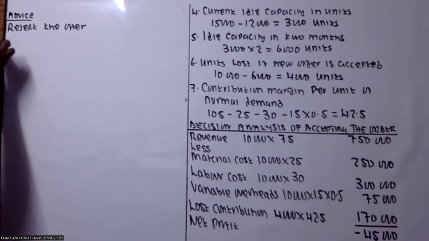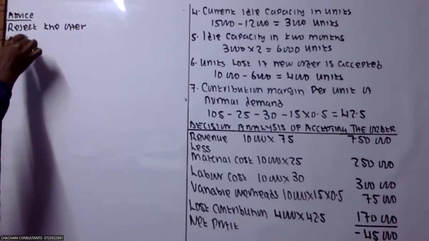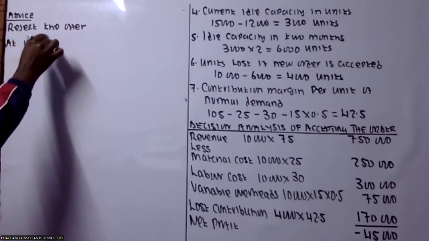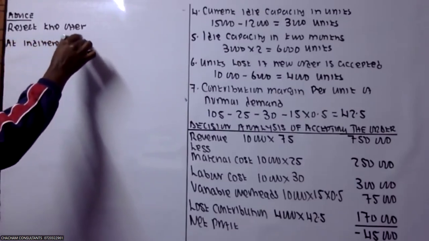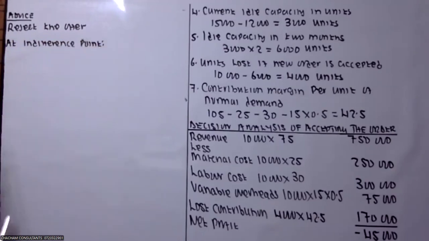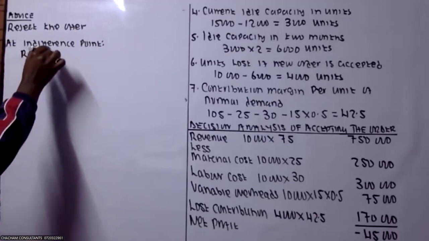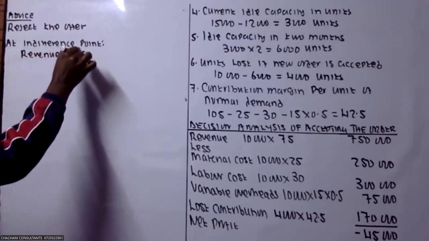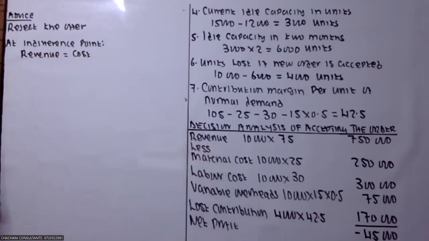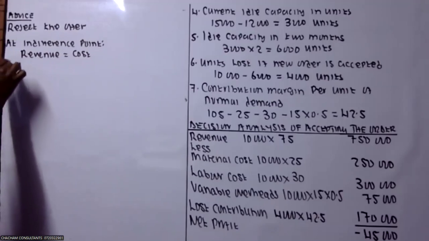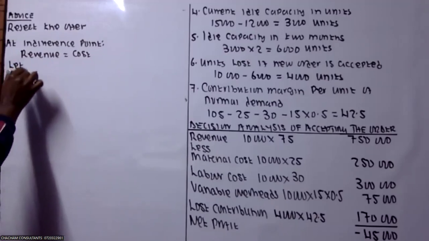Sorry, we have passed time, but let's just finish this. At the indifference point, whether to accept or not to accept, revenue should be equal to cost. So let P be the price.